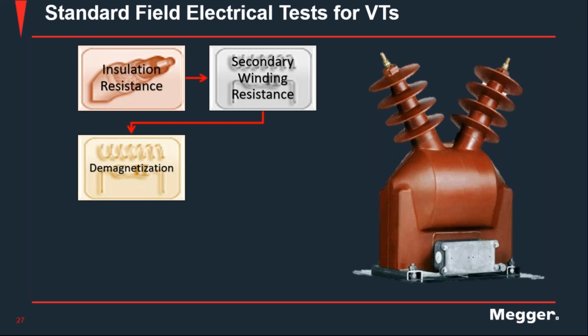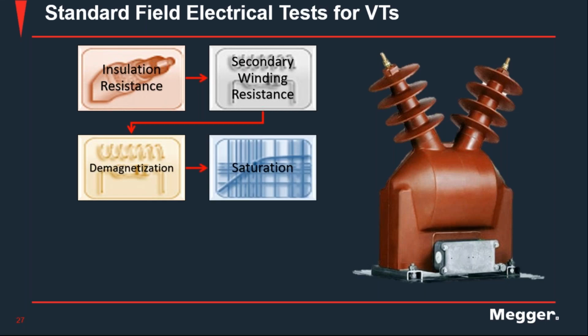We perform the insulation assessment, and remember, it's important to consider additional insulation assessment if you have a certain type of instrument transformer that has a more complex insulation system. You perform winding resistance, demagnetization, saturation as well.